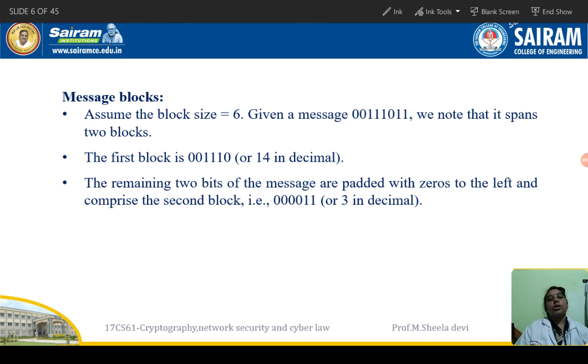The first block can be the first 6 bits, that is 0, 0, 1, 1, 1, 0. And the next block can be 1, 1, preceded with some 0s so that it becomes a block of length 6. This is how we divide the message into blocks of size 6. In the question they will give you the block size, and with that you can divide it into blocks.